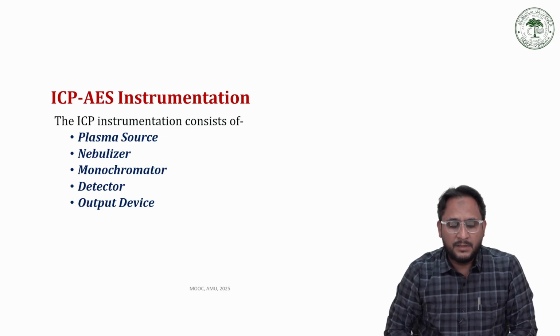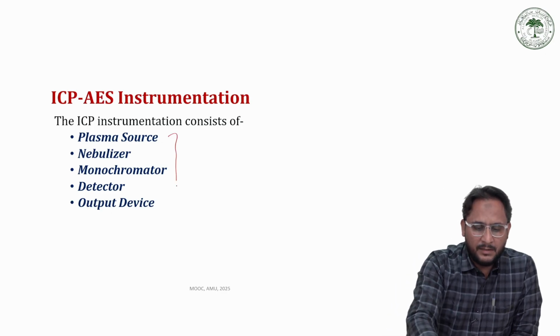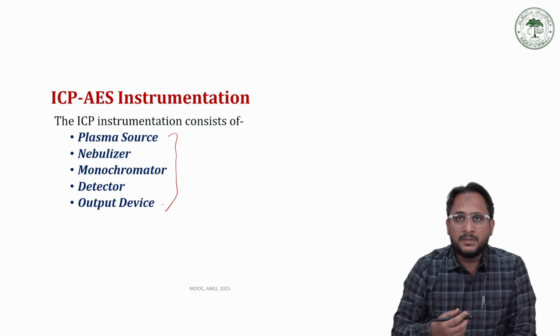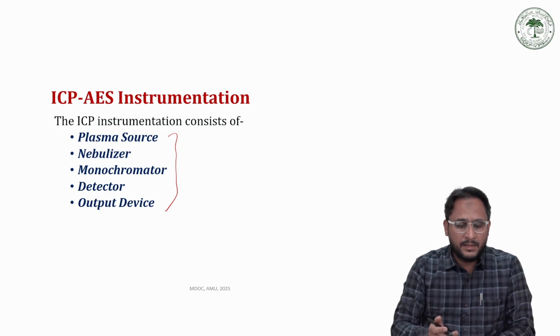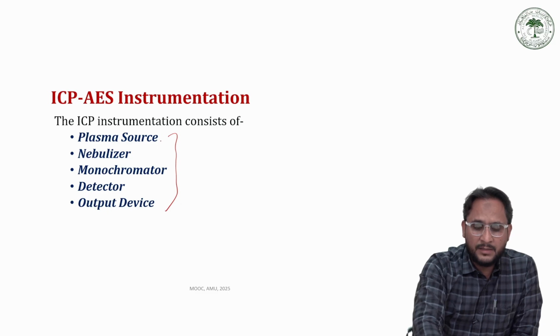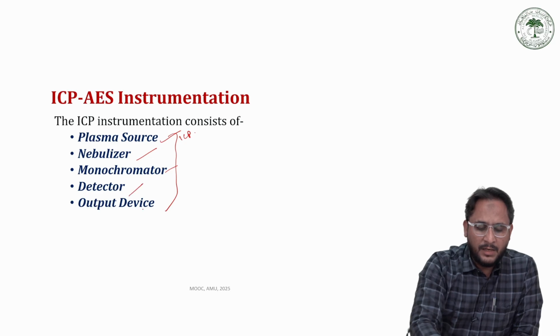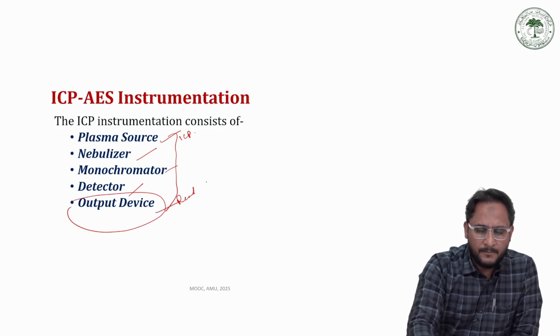As I just mentioned, the instrumentation of ICP AES is the same as any other AES technique. We have an excitation source, which is ICP in this particular case. Then we have a nebulizer, monochromator, detector, and finally an output device or readout device, which is our computer.